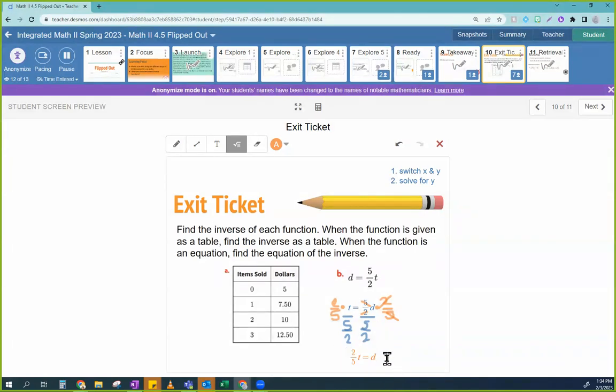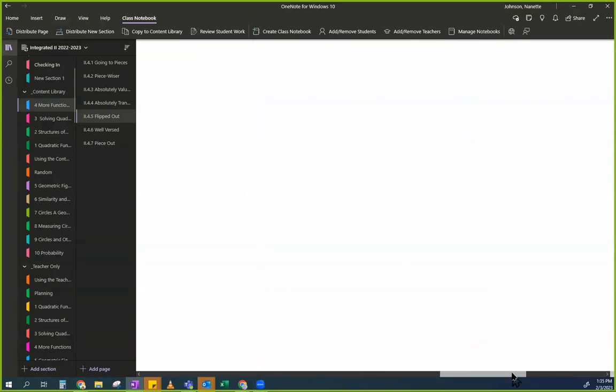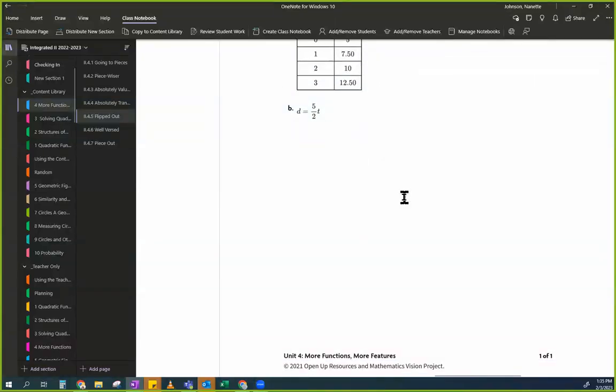So the one thing that I want to make sure that you understand is how to check your answers. And I will show you that over here because I need more room. So let me show you on your exit ticket.